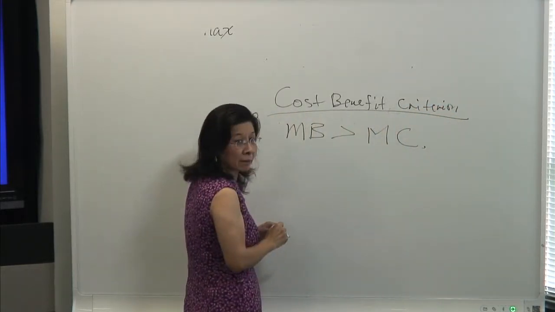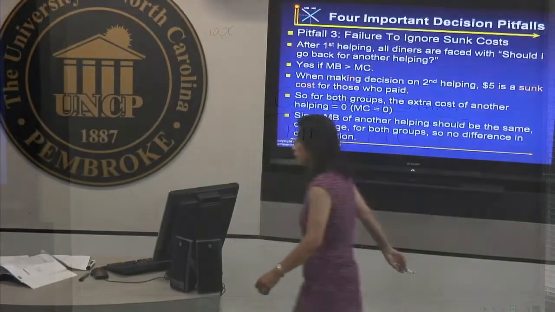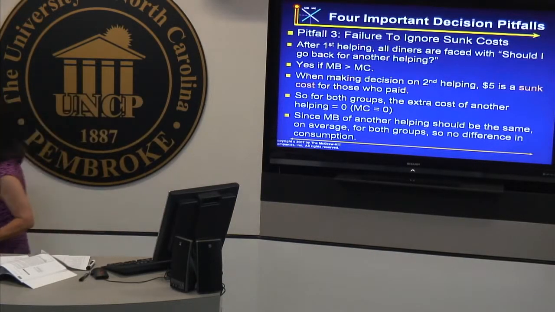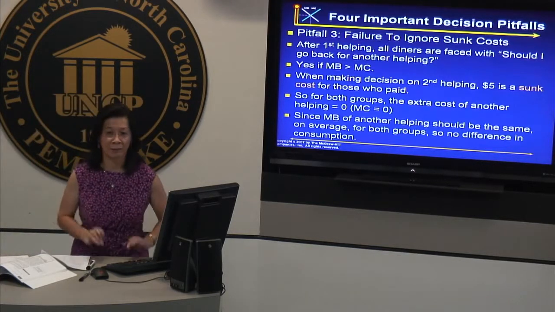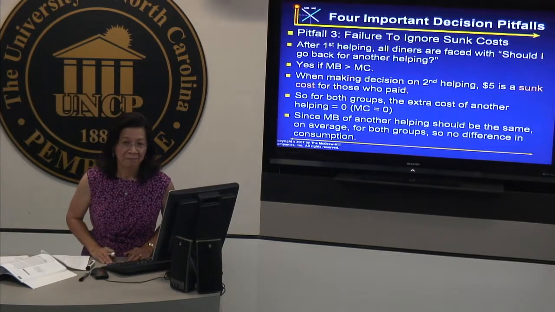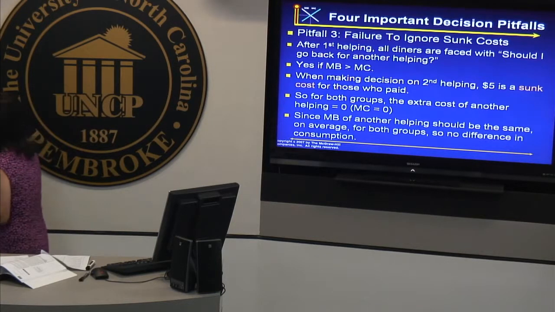And let's make it a little bit more precise. Your marginal benefit should be at least greater than marginal cost. So when making a decision on the second helping, $5 is considered a sunk cost. And this is a back door you can slip out, but we're not assuming that, okay? Once you get in, you either have to pay upfront or they lock the back door so no one can slip out.